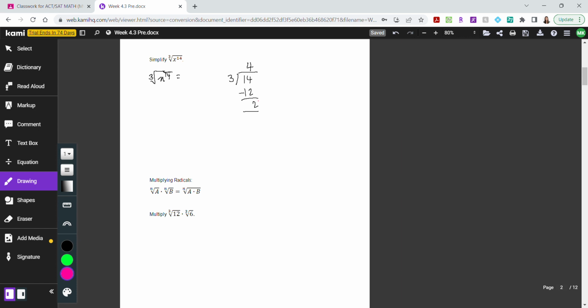From here, I know there's a remainder of 2. Because it's the remainder, I'm going to leave it back in the cube root, right? So it's going to be cube root x squared, and then the 4, the number that is on top, will be outside. So it'll be x to the power of 4. From there, I'm going to write my answer as x to the power of 4 cube root x squared. That will be the solution.